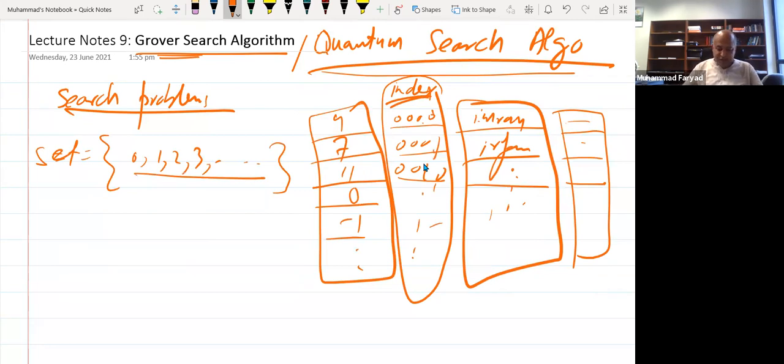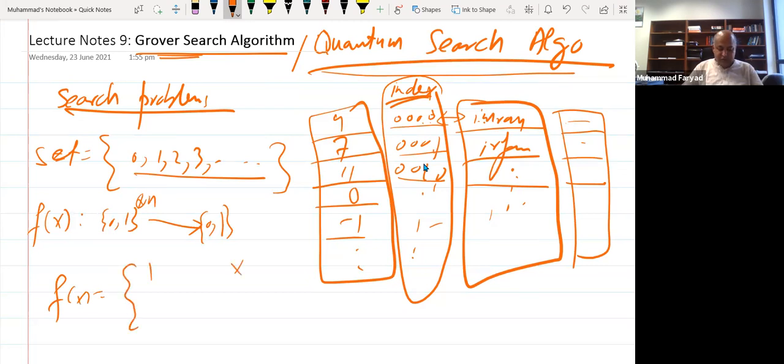And this part that relates the index to a particular item that you're looking for, we relegate to some function f of x, which maps from an n-bit string to a 1-bit string, which can be 0 or 1, such that f of x is 1 if x is your solution, and it is 0 if x is not your solution.